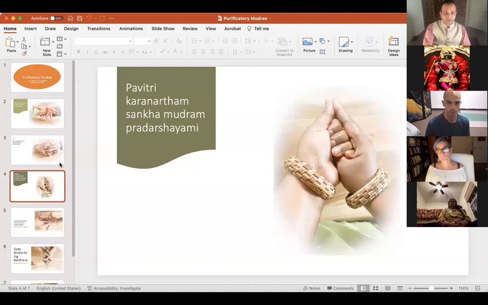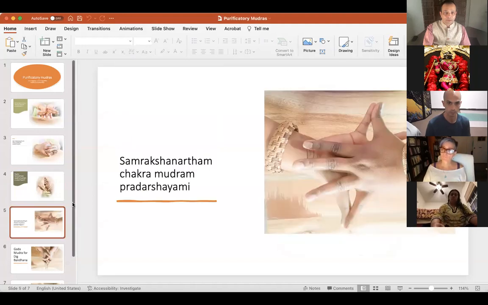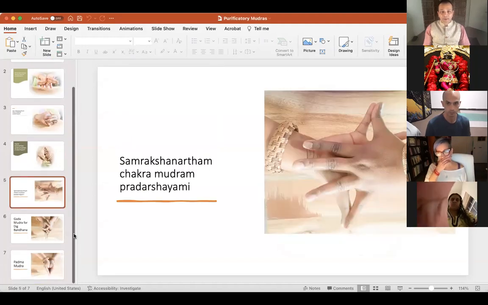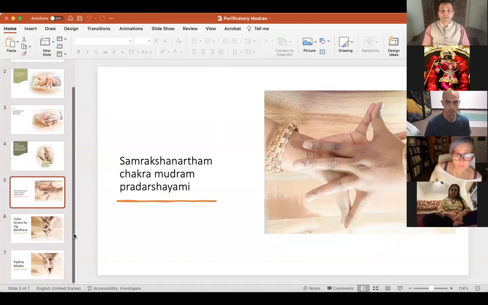Pavitri Karanartham Pradarshayami. Okay, let me go there. Next one. Samrakshanartham Chakra Mudram Pradarshayami. So this is called Chakra Mudra. There are two versions of Chakra Mudra. I will teach you both versions.